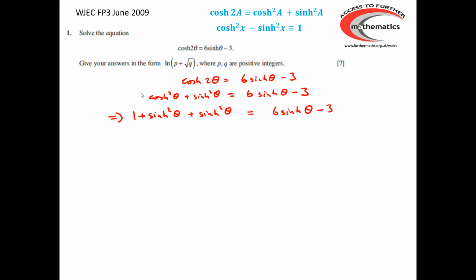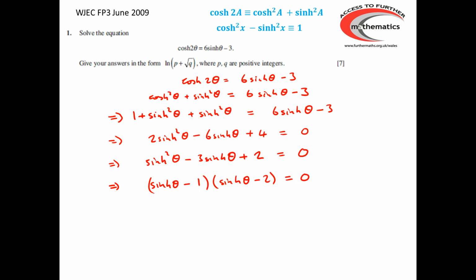So simplifying, we have 2 sinh squared theta minus 6 sinh theta plus 4 must equal 0. Divide through by 2. We've got sinh squared theta minus 3 sinh theta plus 2 equals 0. So that's sinh theta take away 1 times sinh theta take away 2 equals 0.